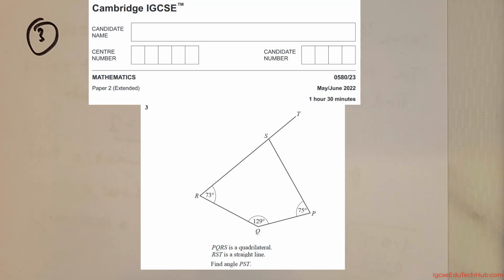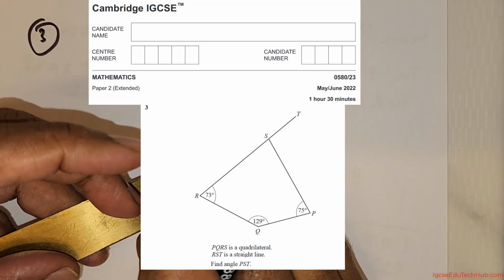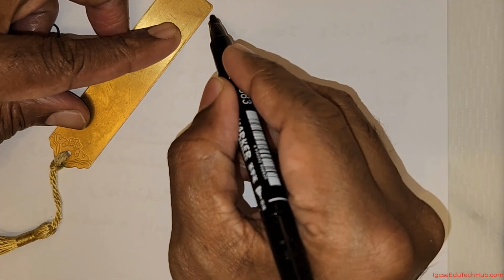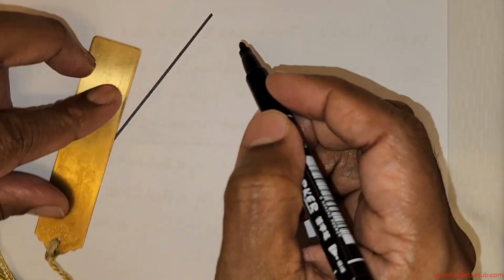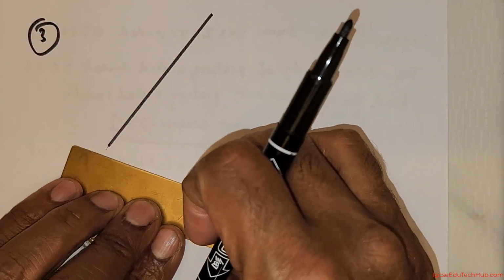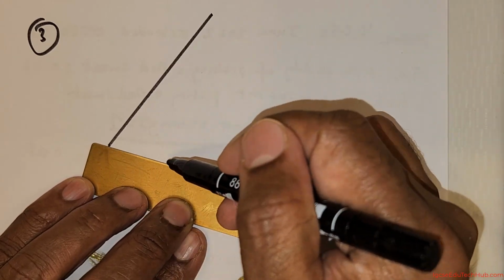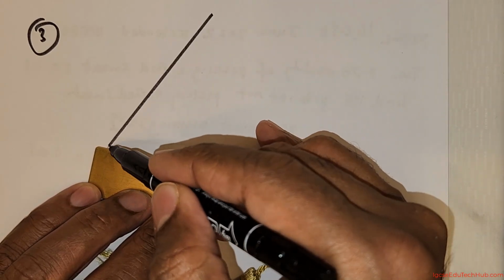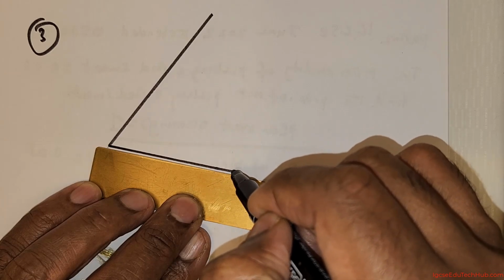Students, this is question number 3. You have to draw the figure. So you have a straight line and then a diamond shaped figure.